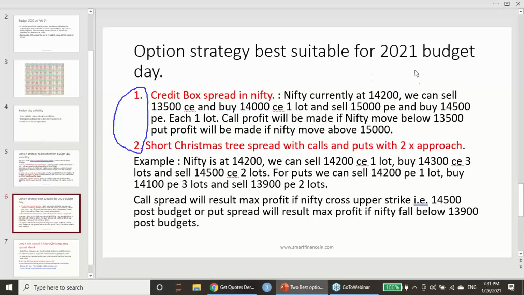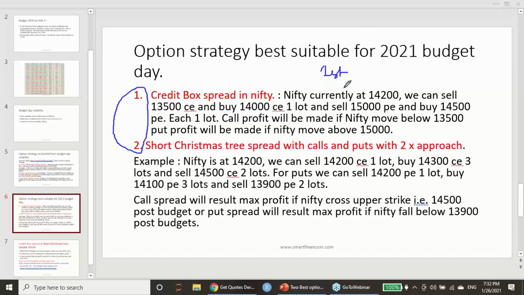When does this strategy need to be initiated? The budget is on the 1st February. Can anyone tell me when I should initiate this before the budget day? This strategy should be initiated before, and can be held for the budget day or the very next day. If you are getting good profit, you can come out if there is a great amount of oscillation, or you can wait for the 2nd Feb.